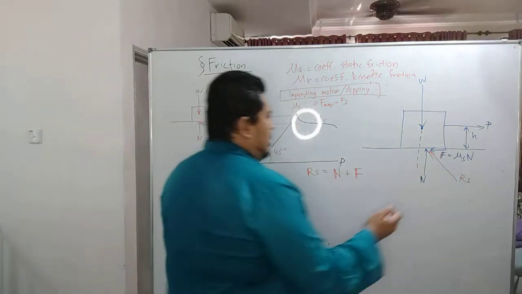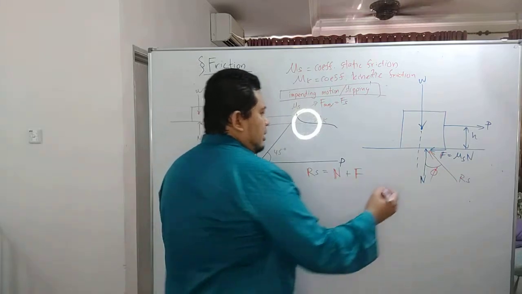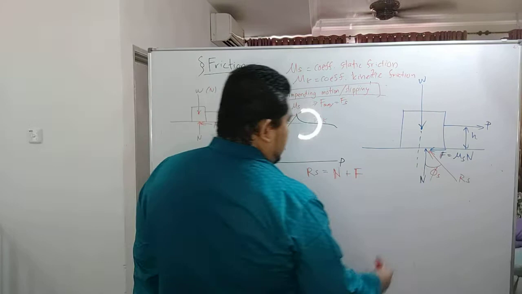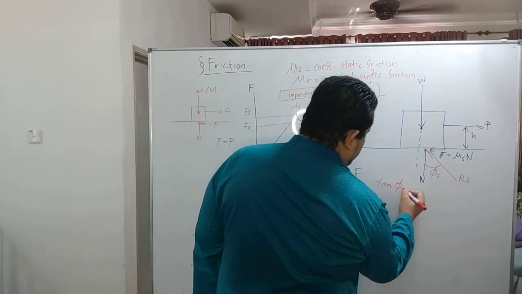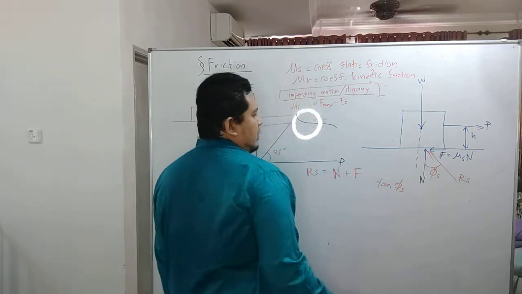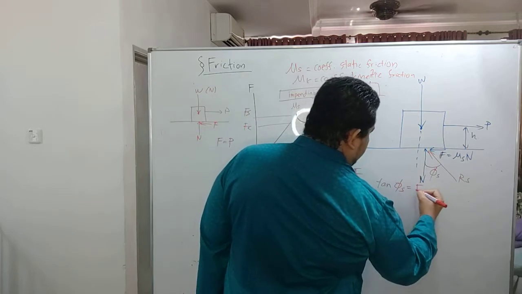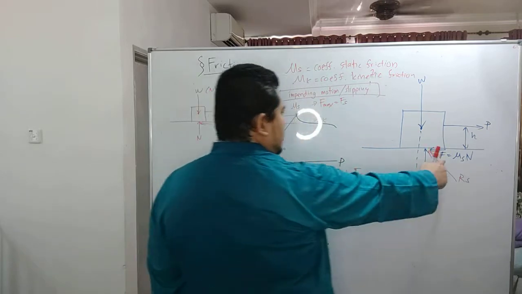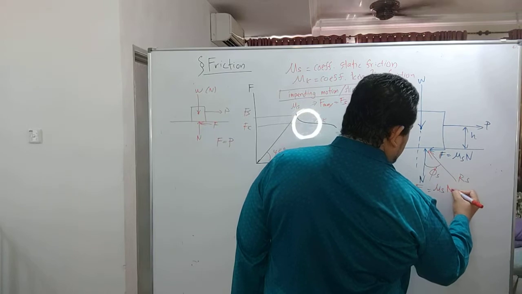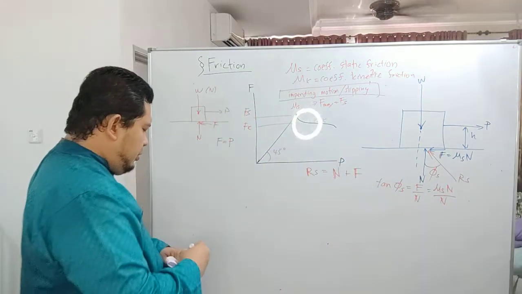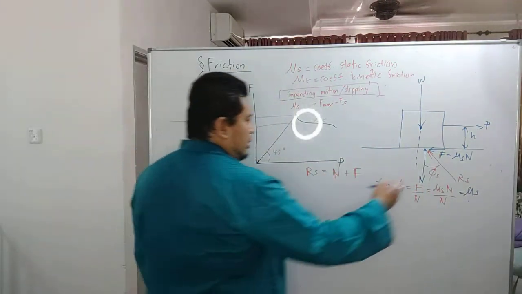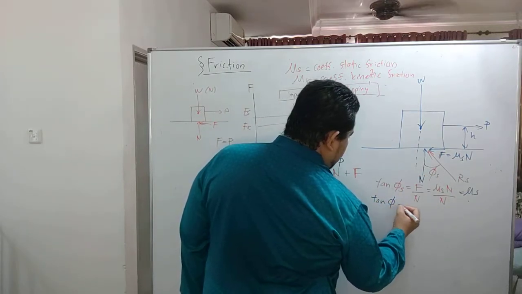Eventually you can get an angle over here, which is psi S. If you use tangent psi S, you get F divided by N. Since the friction force is mu S times N, you have mu S N divided by N. Then you can cancel the N, and finally you get mu S. So tangent psi S is actually the static coefficient of friction.